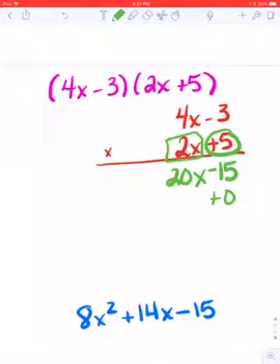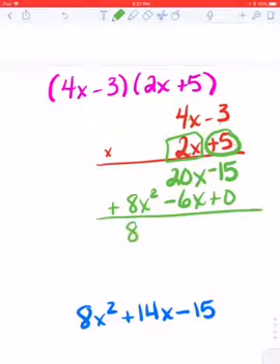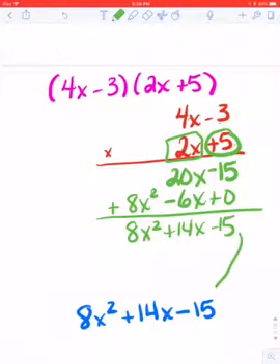So 2x times negative 3 is negative 6x. 2x times 4x is 8x squared. Now, if I total this, you notice it's going to match exactly what we got before. So we know this is just another method to get our answer.